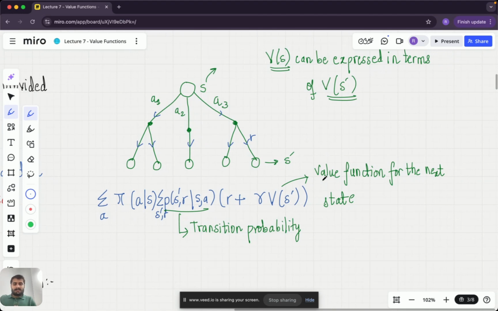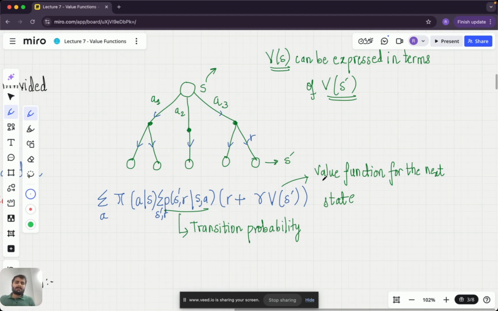Essentially, what we are saying is that the value function of one state is heavily influenced by the value function of the next states. But we don't just write the value function as the summation of all possible next states. What we do is discount the states by their values and add a reward which the agent gets along the path. And then we add two other terms.